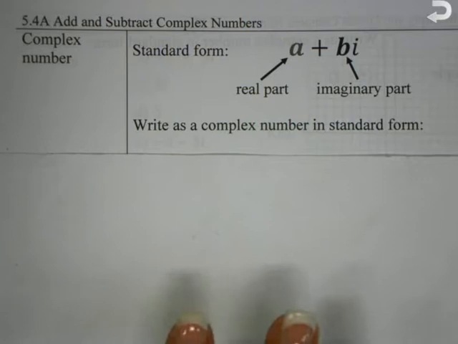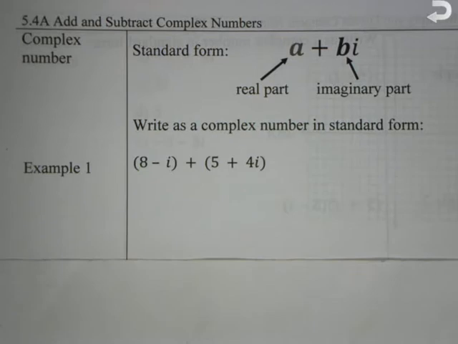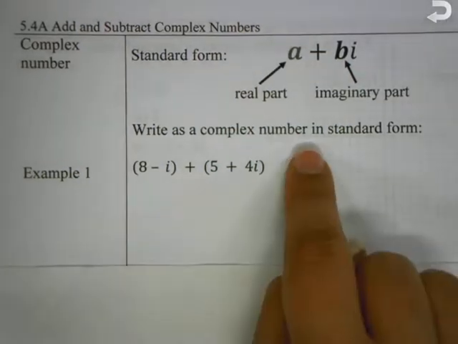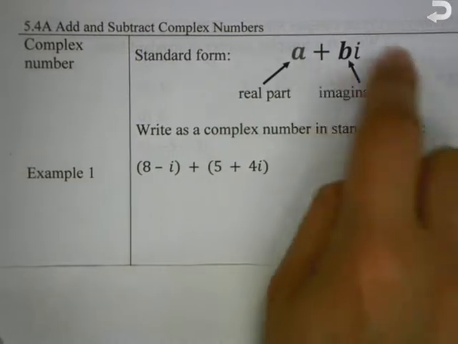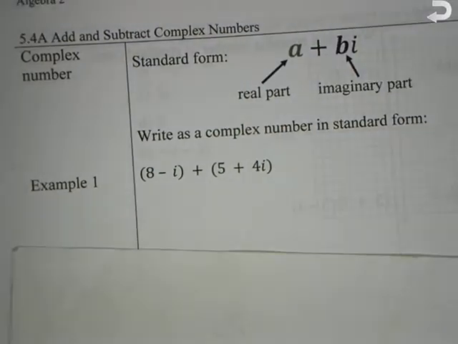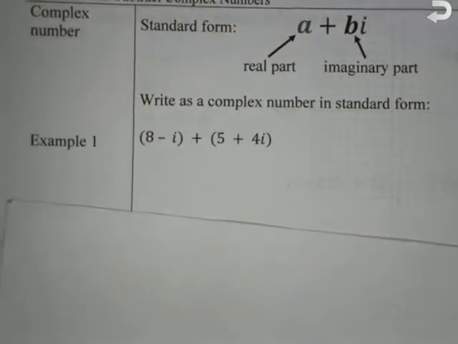So, example 1. For example 1, your instructions are just to write as a complex number in standard form. This is the standard form, and we just want to write it as a complex number. So what we have to do is we combine our like terms here.